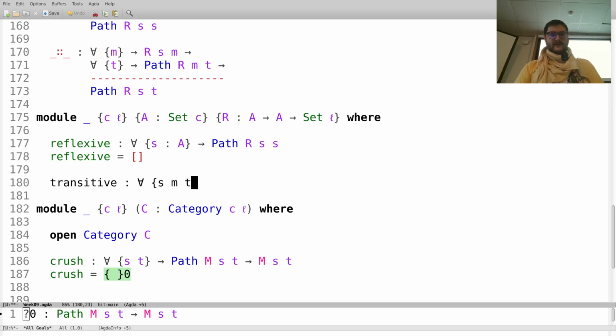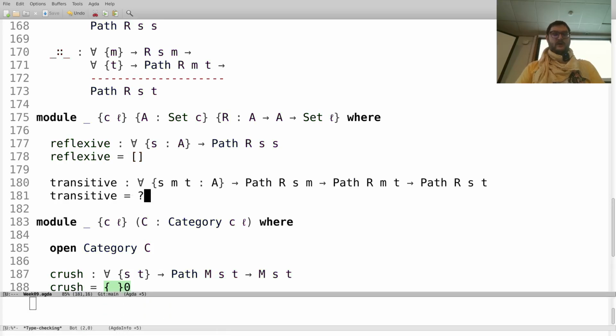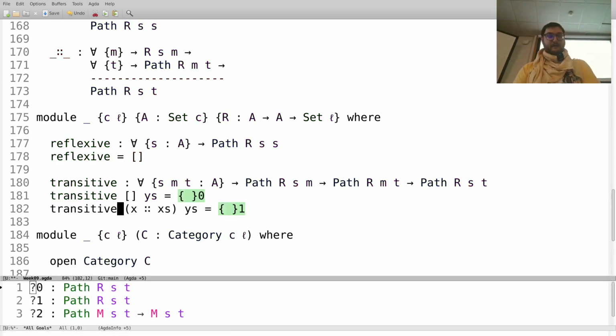So if we have S and T, and we have a path from S to M and a path from M to T, then we can have a path from S to T. So again, no assumption whatsoever on what R is like. I'm going to call these Xs and Ys because this is literally just append, right? It's behaving the same way.